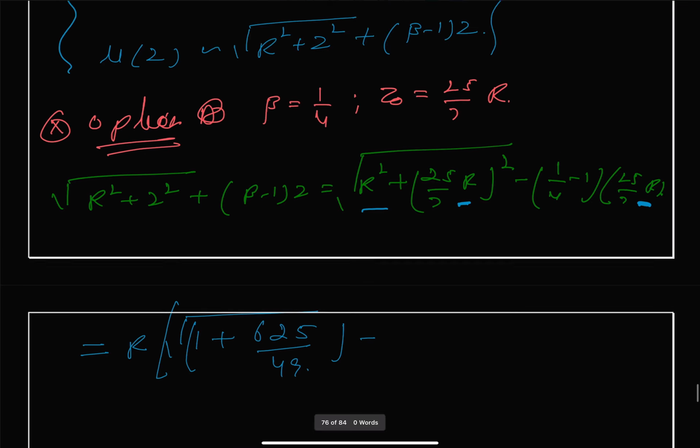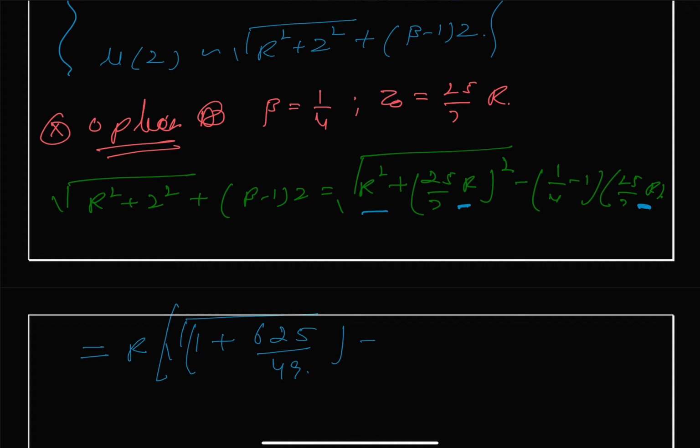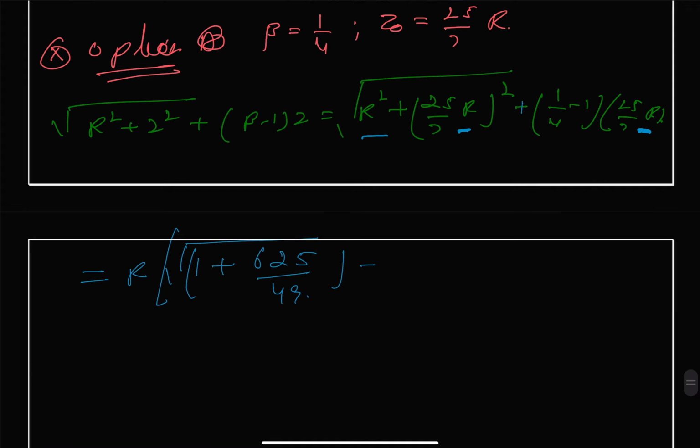Beta minus, sorry, here it is plus. So this comes as minus 3 by 4 times 25 by 7. So this comes as 75 by 28.